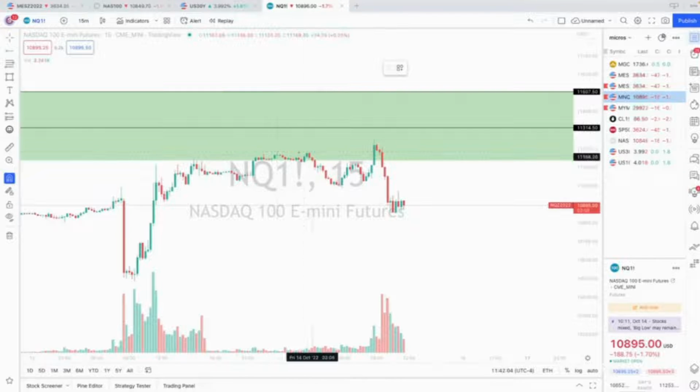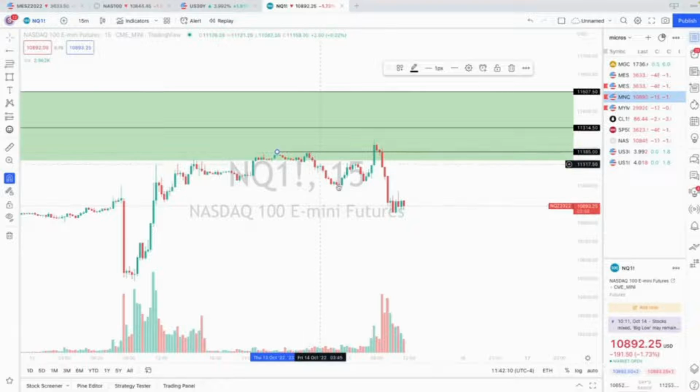All right, I'm going to go ahead and mark out a few levels here. We've got pretty clean highs, as you can see, where we tried to come right back up into this level. We failed to, went lower. We took it out. This right here is buy side liquidity.